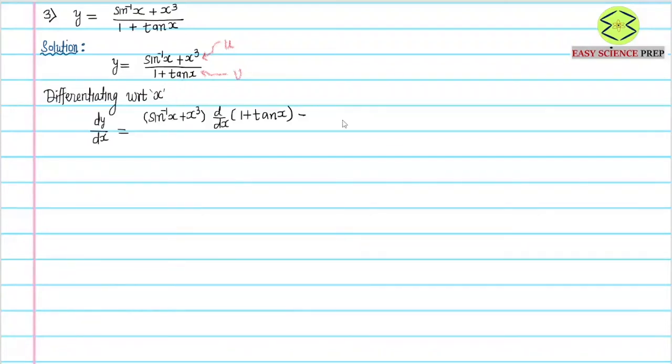So v is the denominator, you can see here, 1 plus tan x, and the derivative of u is sin inverse of x plus x cube. Now in the denominator we will have v square, that is, 1 plus tan x the whole square. So we have applied the formula of the quotient rule.